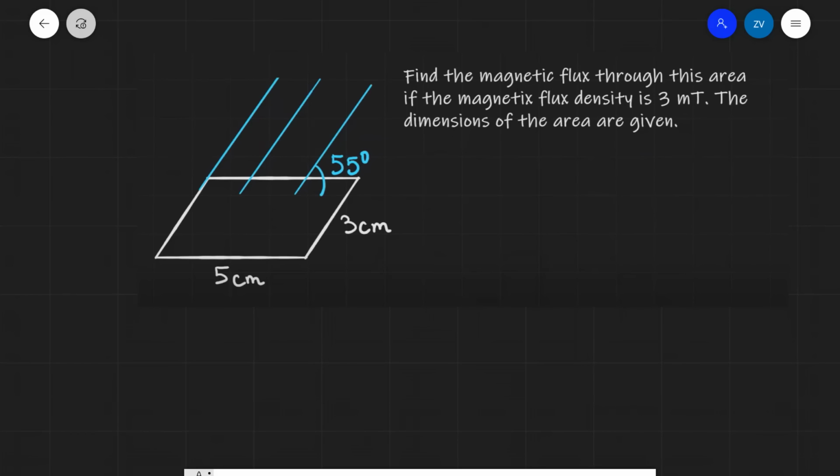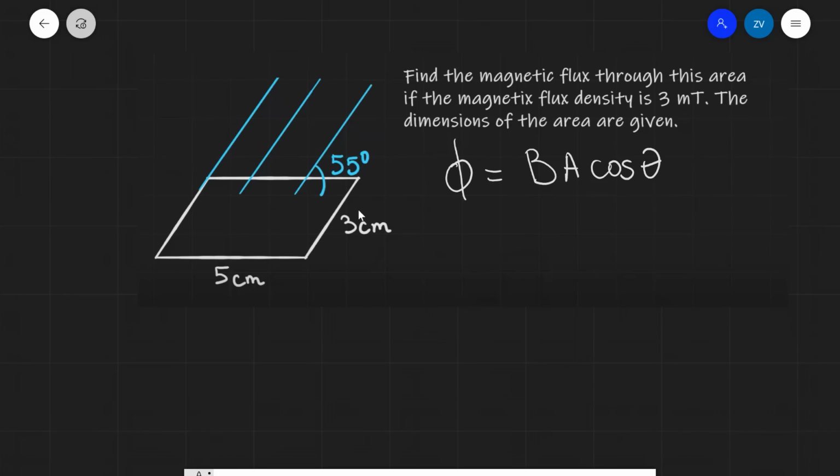We can test our understanding of this question with this really simple example here. Find the magnetic flux through this area if the magnetic flux density is 3 milliteslas and you're given the various different dimensions for the area. Okay, well, let's do that. So we're looking for the magnetic flux, so we're going to use phi is equal to BA cosine of theta.